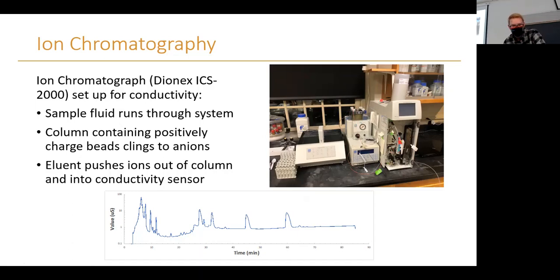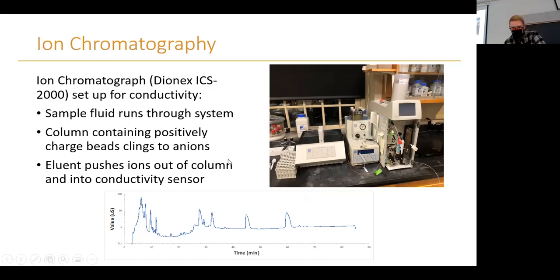Then an eluent pushes out those negatively charged anions progressively over time, into a conductivity sensor, which registers each of those fluctuations as peaks that correspond to the amount of substance hitting the sensor at any given time.